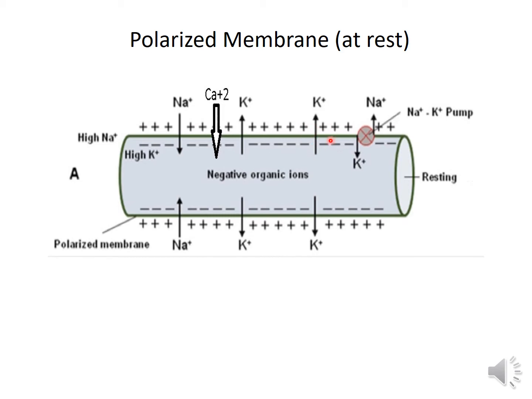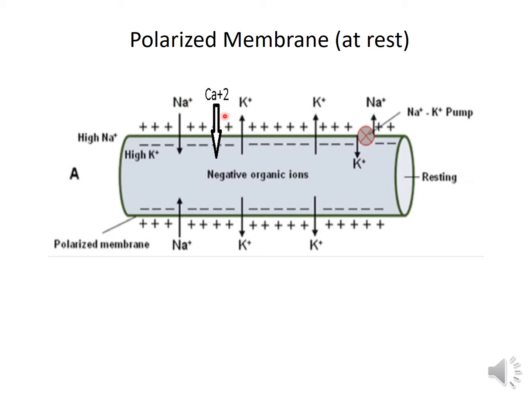Now, as I have told you, all the electrical activity results from movement of ions across the membrane. Movement of ions across the membrane depends on their concentration gradient. As the concentration of sodium is higher on the outer side, when sodium channels are open, the gradient is from outside to inside. So the sodium ions flow from outside the membrane to inside the membrane.